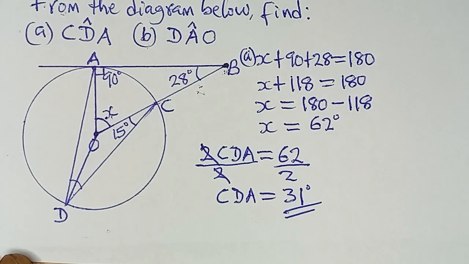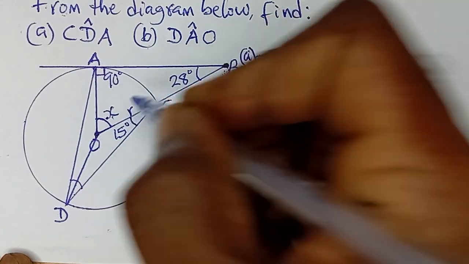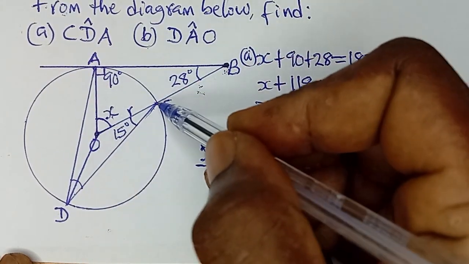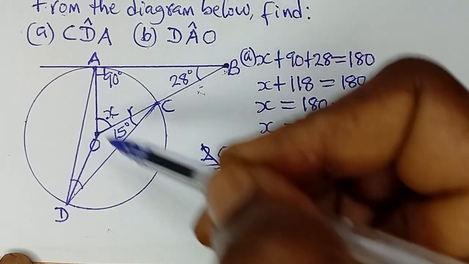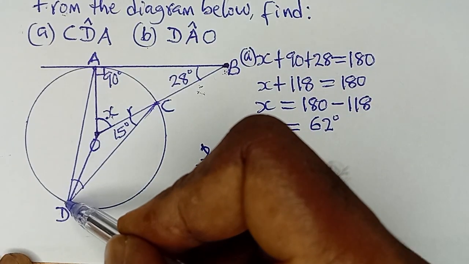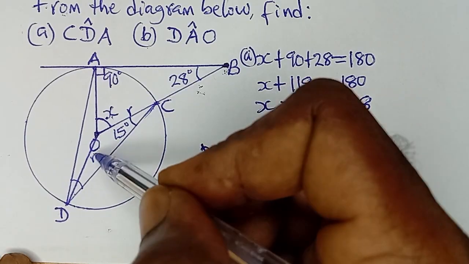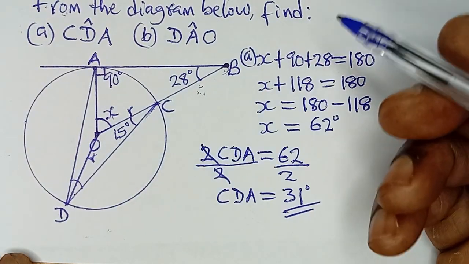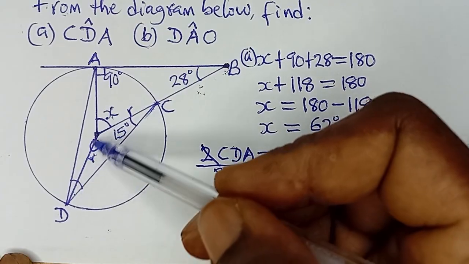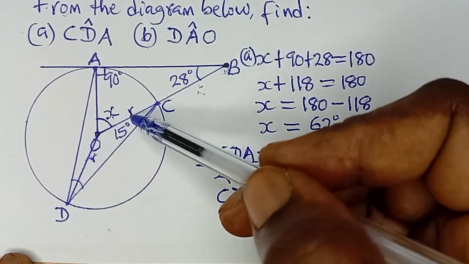Looking at this straight line, you agree with me that this is a radius. From this center to the circumference is a radius. Similarly, from this center to the circumference here is also a radius. So this line is a radius r, and this line is also a radius r. So this triangle is an isosceles triangle because these two sides are equal.